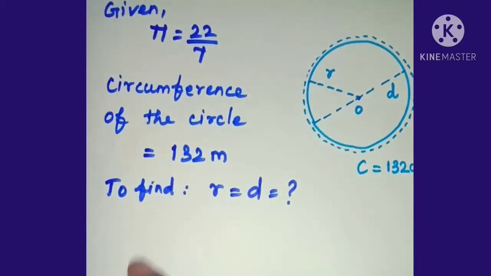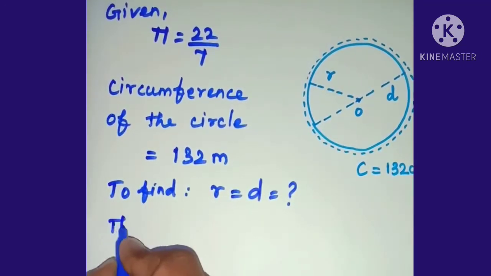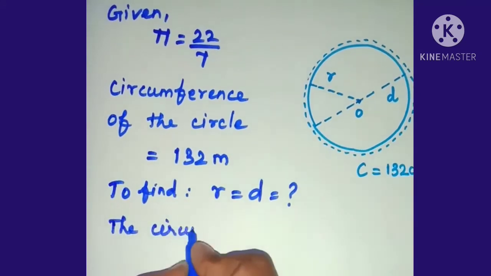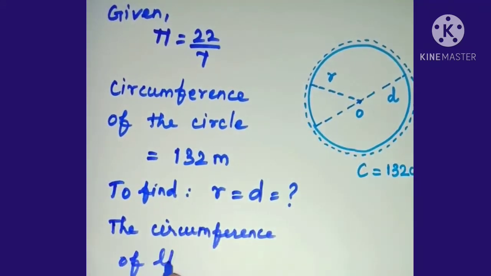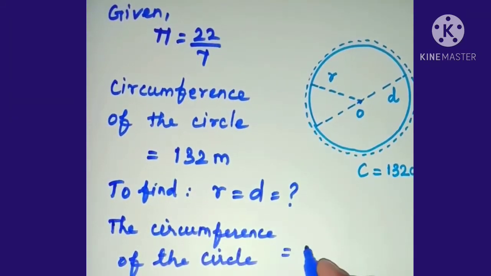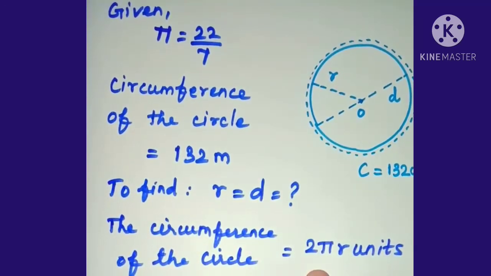So now we know that the circumference of the circle. So by using the formula 2 pi r units. So we know that the formula of circumference of the circle is 2 pi r units.